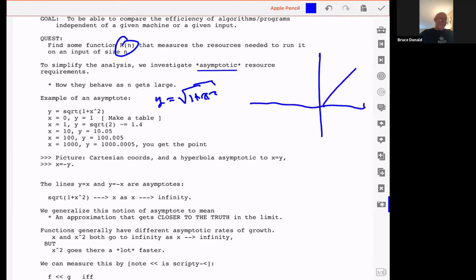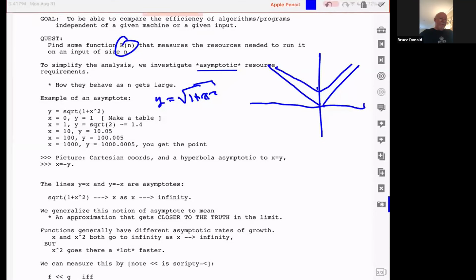I'll draw this, we have these asymptotes here at x and y. It looks something like this, and it goes, but I have a hyperbola for you here.